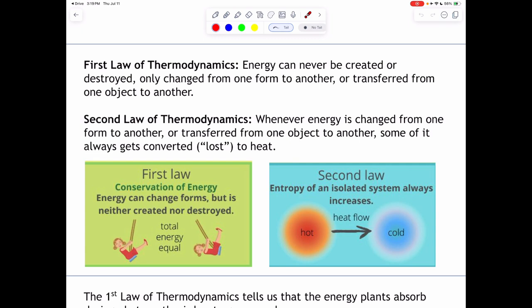That means that light energy that's coming in is going to be turned into chemical energy. It can't just disappear. And then the second law says that whenever energy is changed from one form to another, unfortunately, some is always going to be lost in the form of heat or friction. So we have to keep these two laws in mind as we think about how energy is moving through our ecosystem.